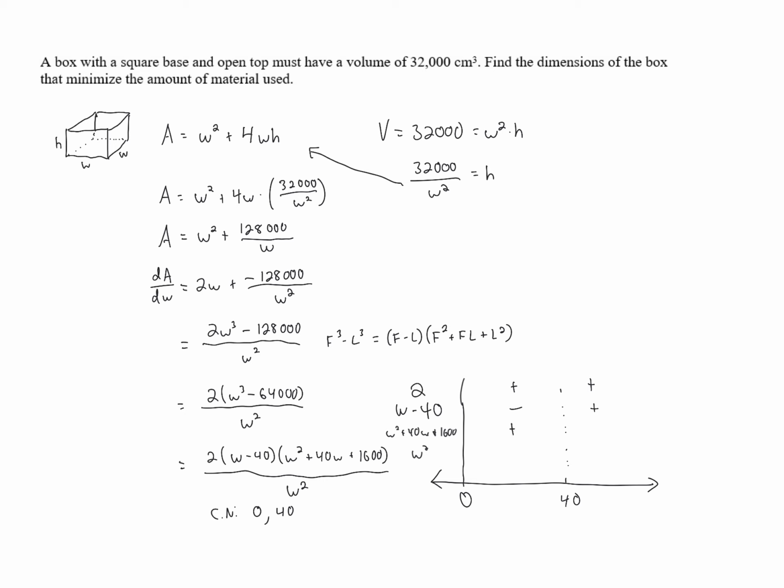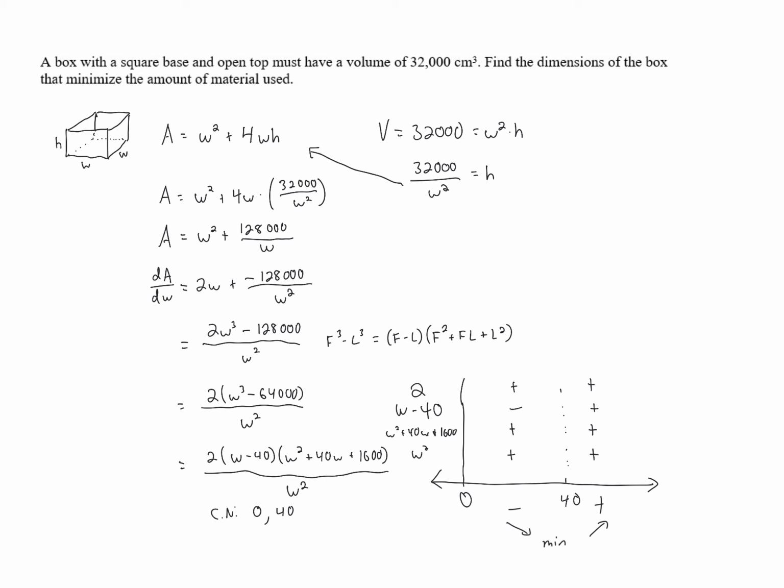I mentioned earlier that this is always positive and w squared is always positive. So our derivative is going to be negative and then positive, which means the function is decreasing and then increasing. So we have a minimum at 40. w equals 40, so that is going to be our minimum.